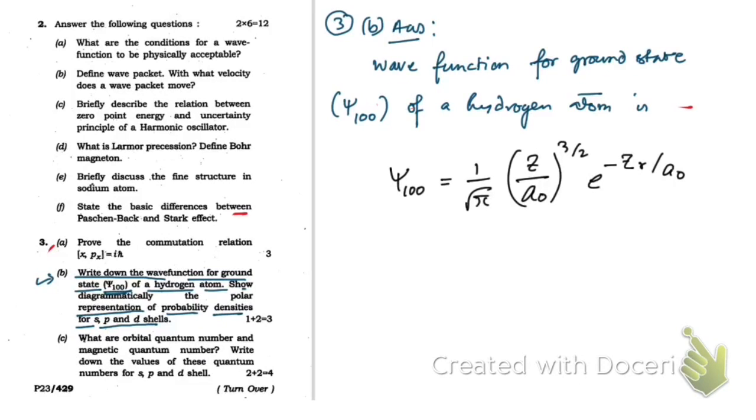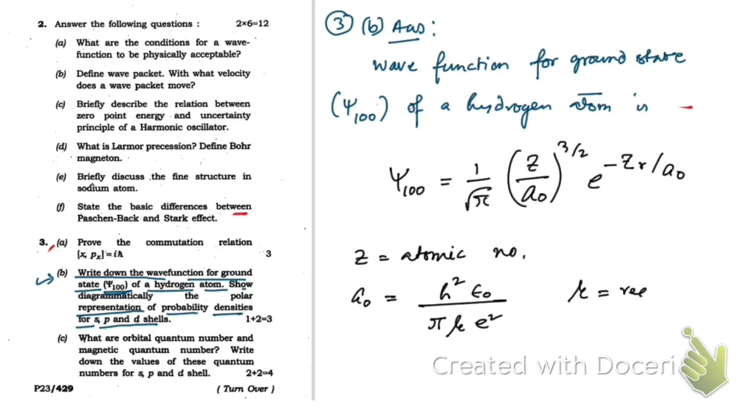Here z is atomic number, a naught is equal to h square epsilon naught divided by pi mu e square. Here mu is reduced mass, and here r is the separation between the nucleus and the electron.